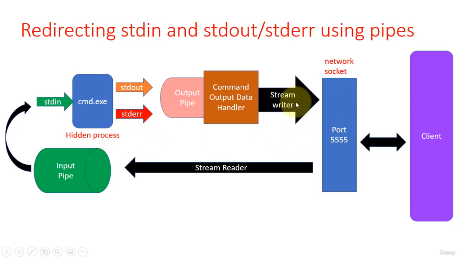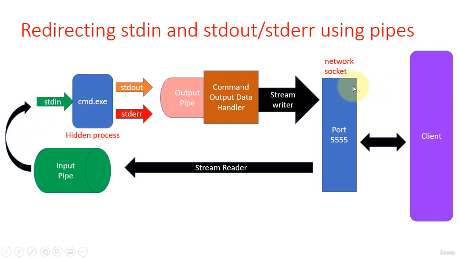Similarly, the stream reader is responsible for getting the input from the socket. The stream reader will be channeling all the data that is read into the input pipe, and the input pipe will then forward it into the standard in. And then the CMD, of course, will remain a hidden process.